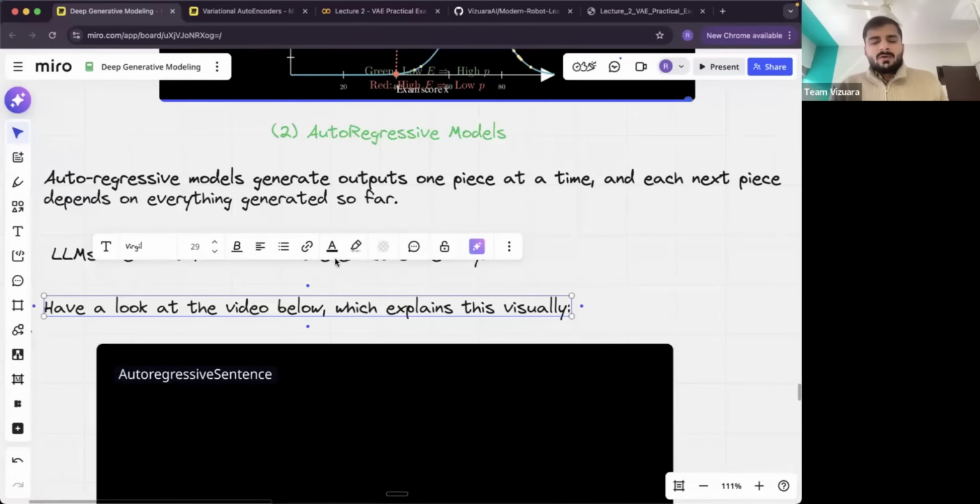Okay, I think all of you have heard about autoregression, so I'll not spend time explaining it. Autoregression simply means that we are predicting the next token. So we are generating outputs one piece at a time, and the next piece depends on everything that has been generated so far.